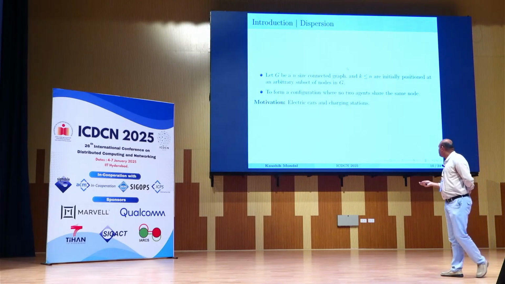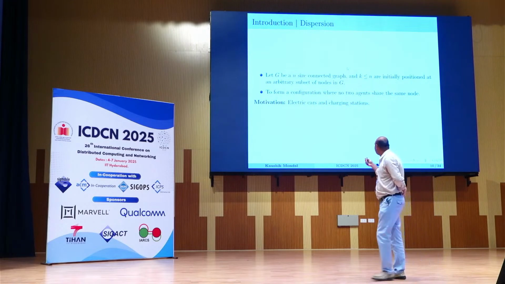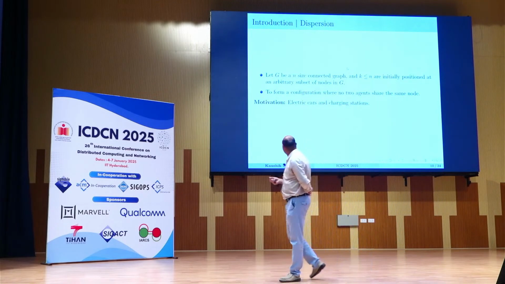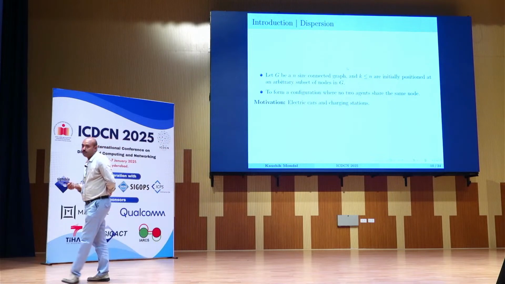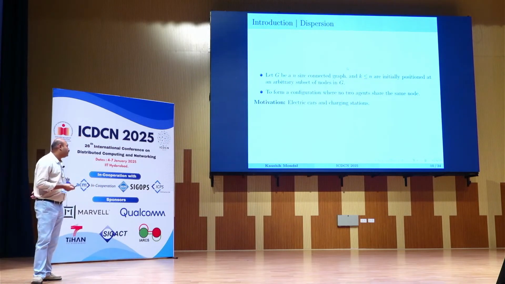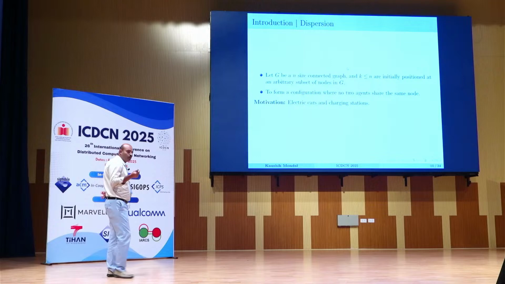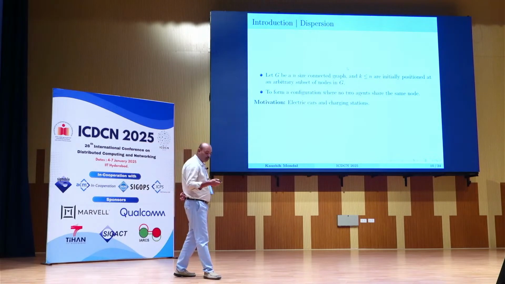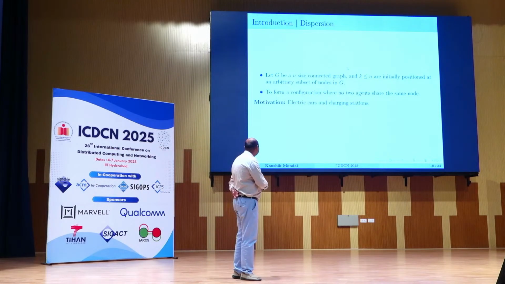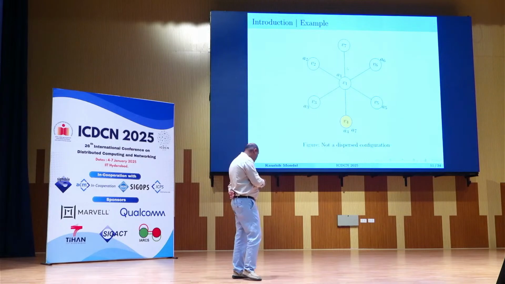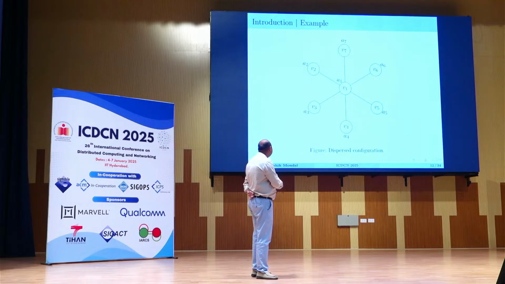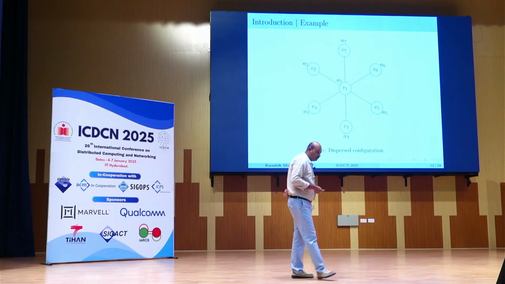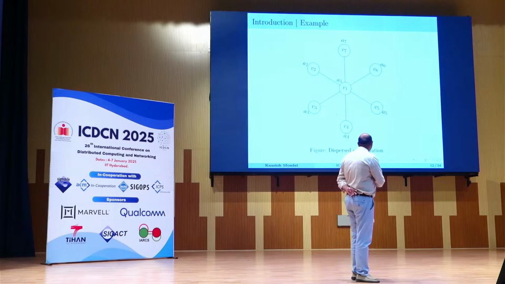So this is the problem: there are k less than or equal to n agents initially at arbitrary positions on the nodes of the graph G, and by the end of the algorithm, no node should contain more than one agent. So here, this is not a dispersed configuration, as in V4 there are two agents, A4 and A7, but this is a dispersed configuration as there is no more than one agent at every node.